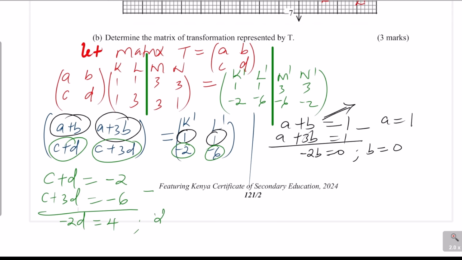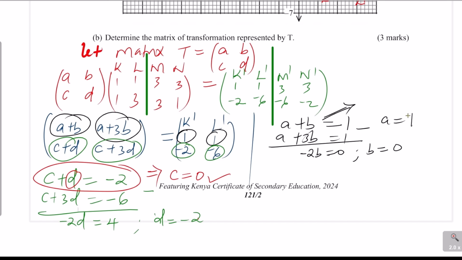So D will be -2. If D is -2, and you substitute in this equation here, you'll get C to be 0.